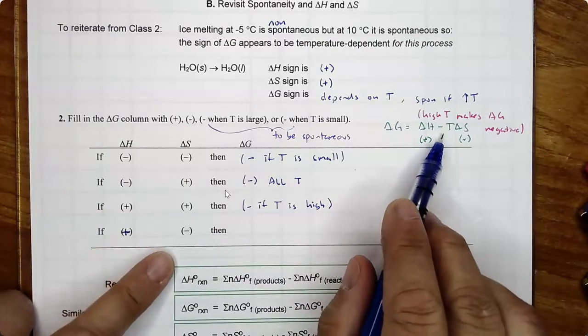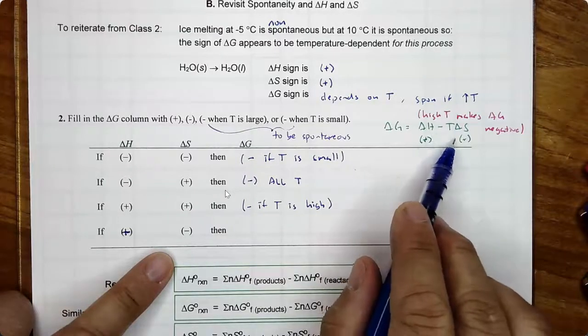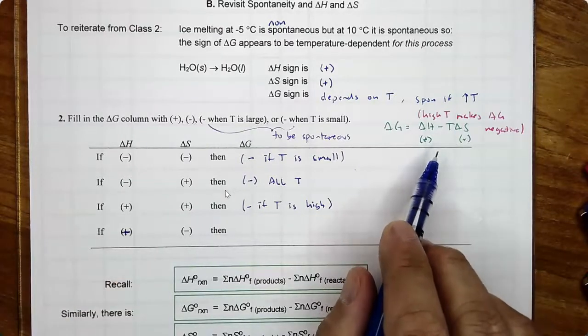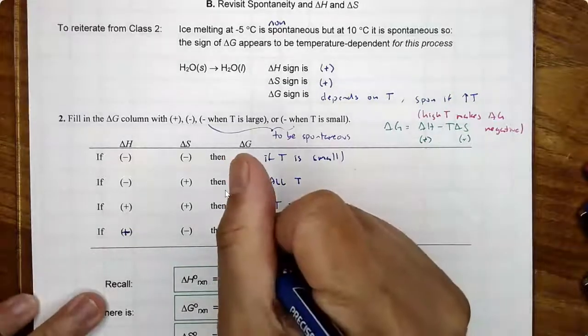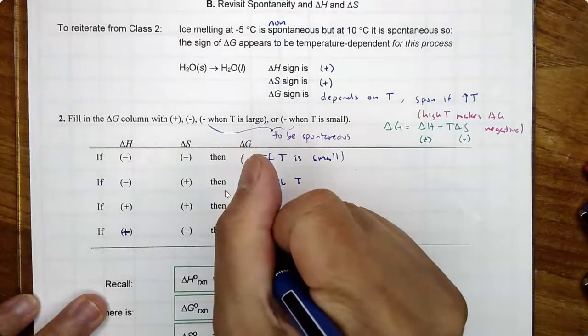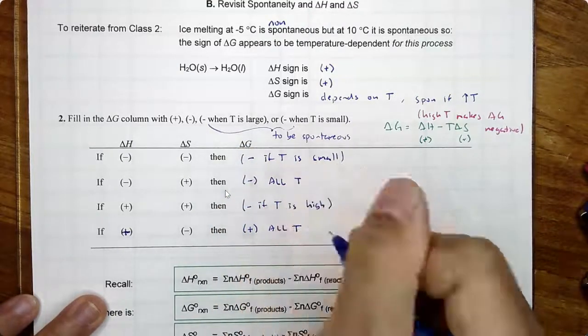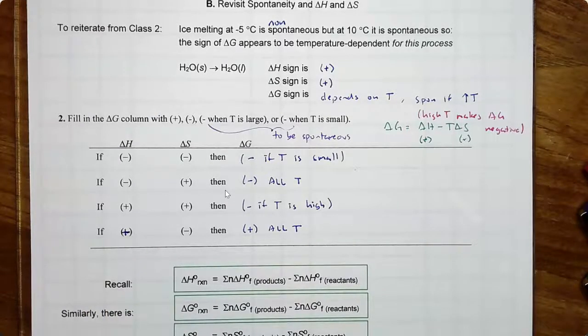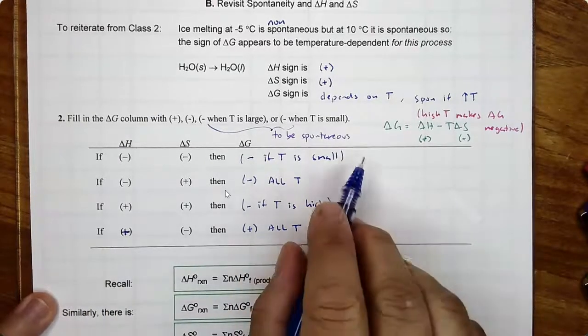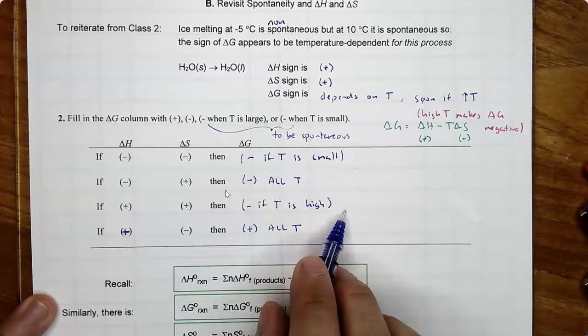We're minusing a negative delta S, so that will always be positive. We're adding a positive. That means that delta G is always positive at all temperatures. Okay, now if you want, you could put positive at high temperatures, positive at low temperatures.